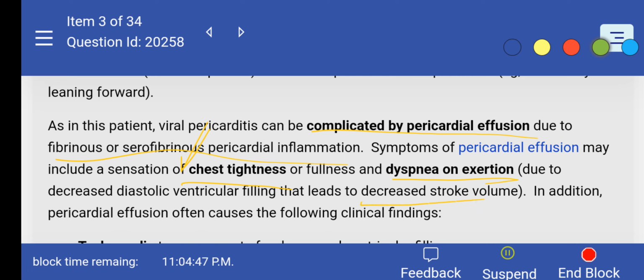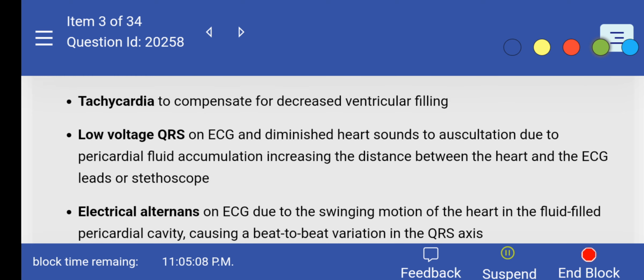In addition, pericardial effusion often causes the following clinical findings: tachycardia, to compensate for decreased ventricular filling, low voltage QRS complexes on ECG, and diminished heart sounds on auscultation due to pericardial fluid accumulation, increasing the distance between the heart and the ECG leads or stethoscope.